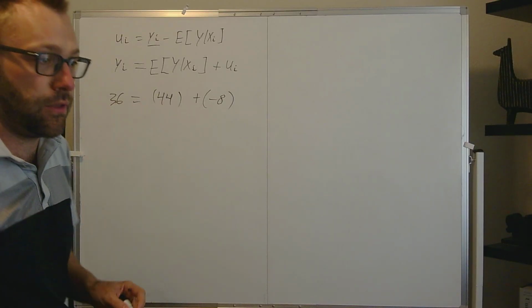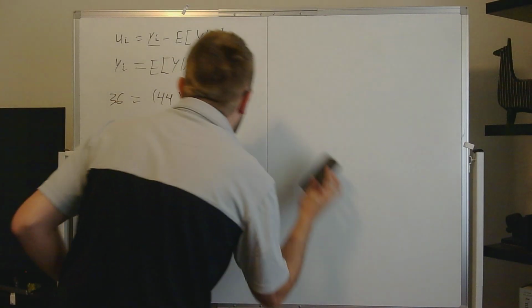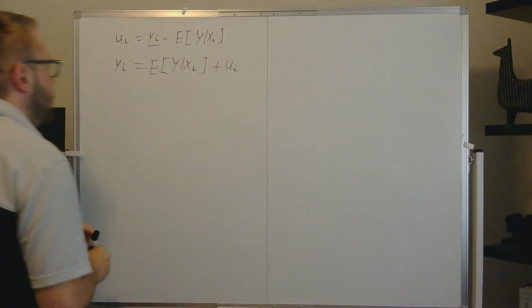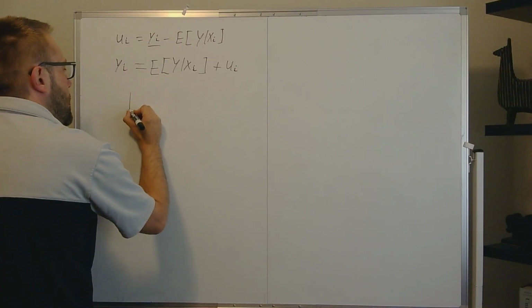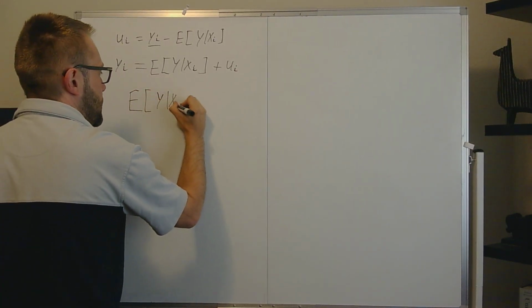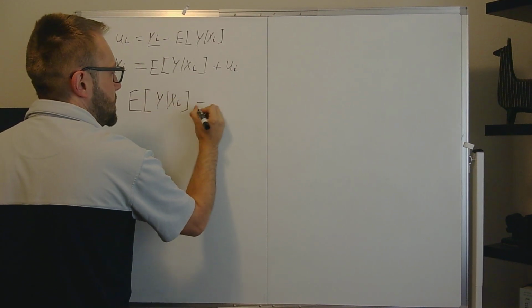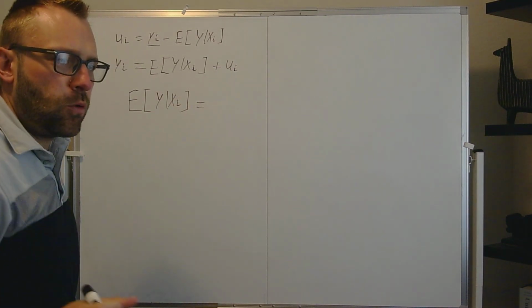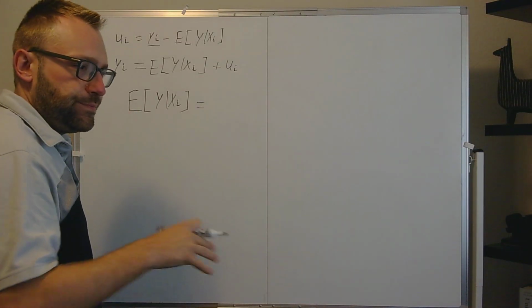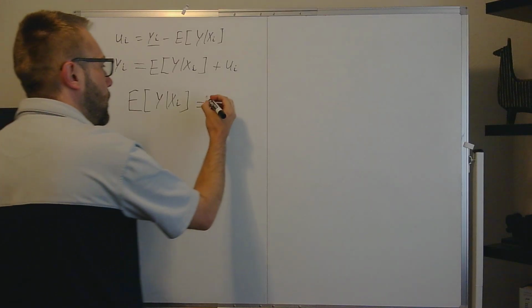And what I want to do then, because this is where a lot of confusion lives in econometrics, is say what the expectation of y given xi is that you'll normally see in a textbook, and juxtapose that with one quick aside that will probably help you internalize this a little bit more.